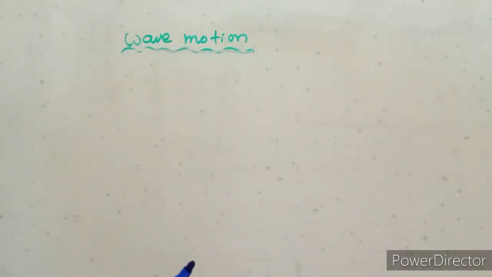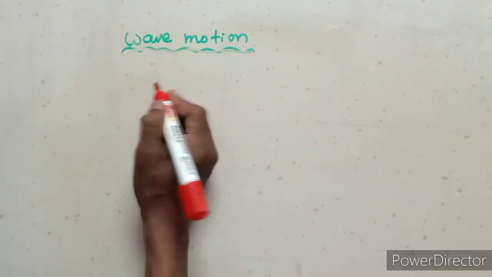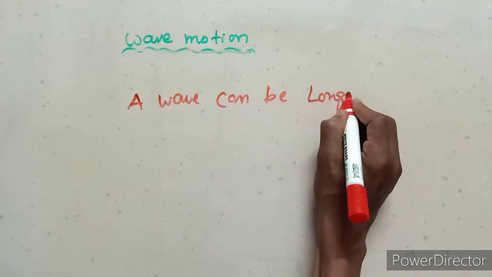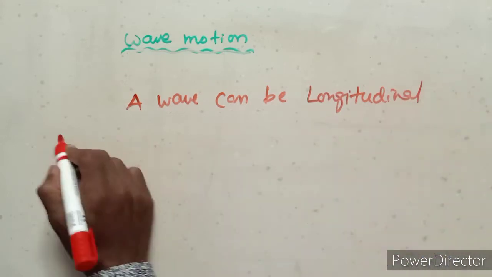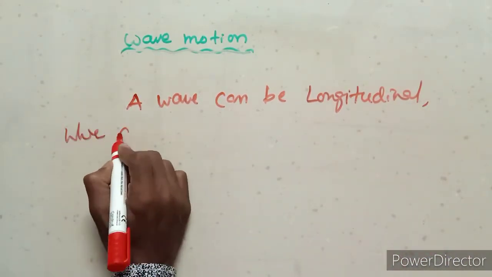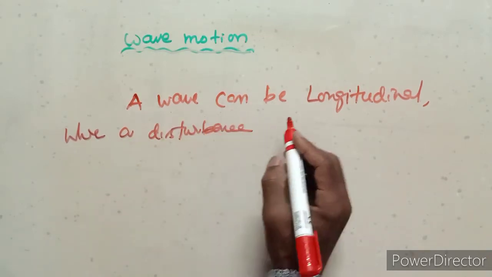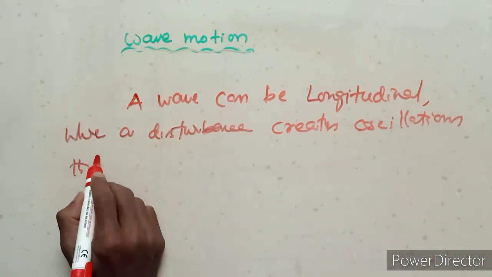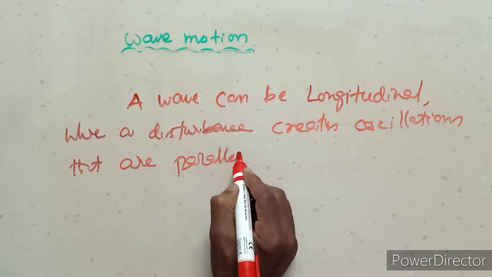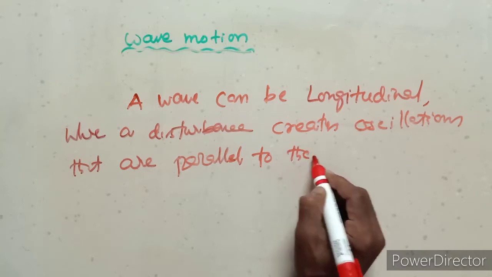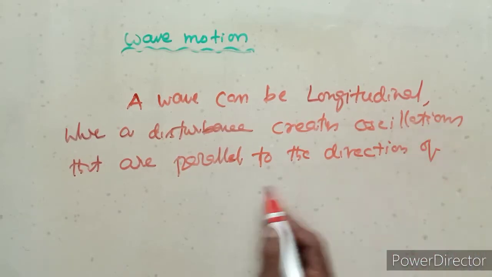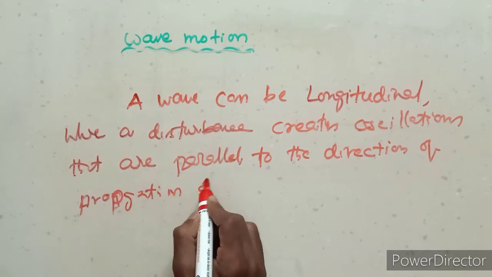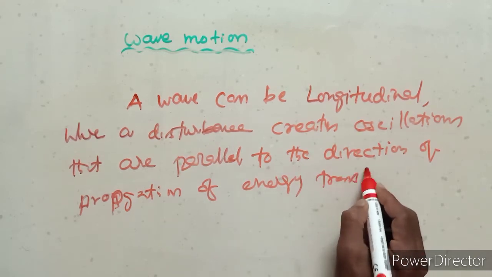Then the longitudinal waves definition: a wave can be longitudinal where a disturbance creates oscillations that are parallel to the direction of propagation of energy transfer.